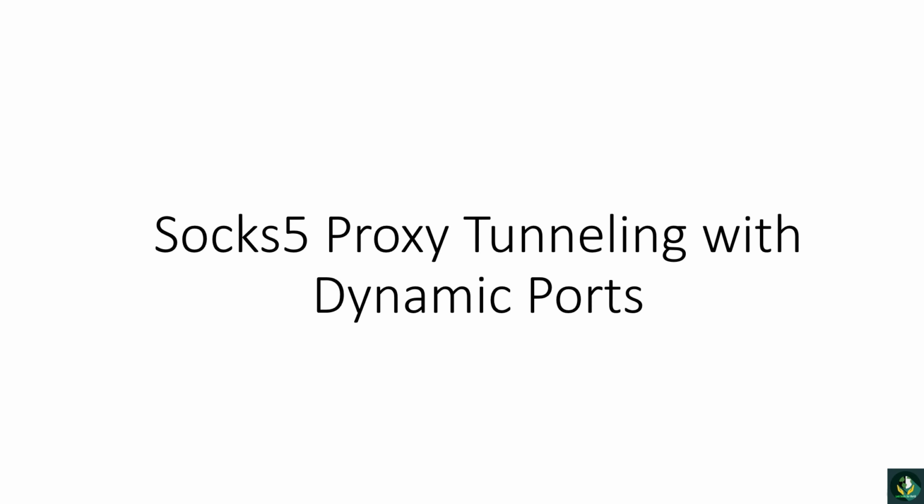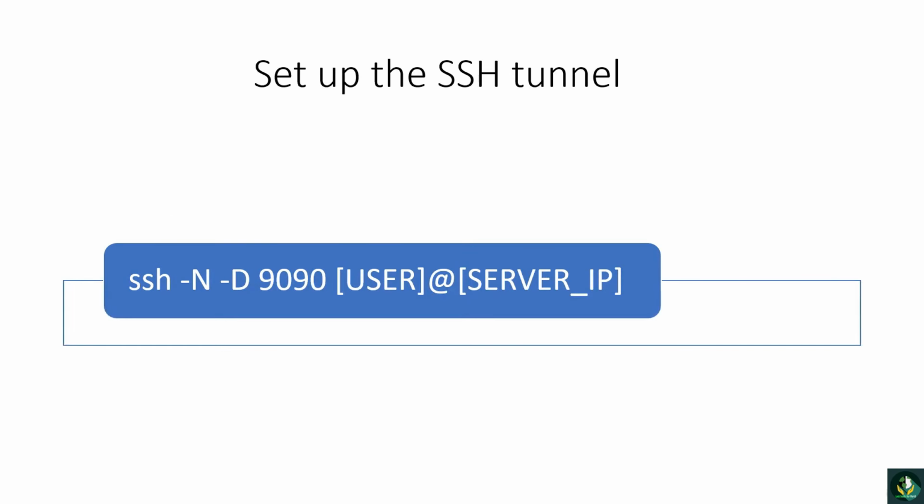There are some prerequisites: you need a server running any flavor of Linux with SSH access, through which you route your traffic, and you need a web browser and an SSH client. First, you have to set up an SSH tunnel.